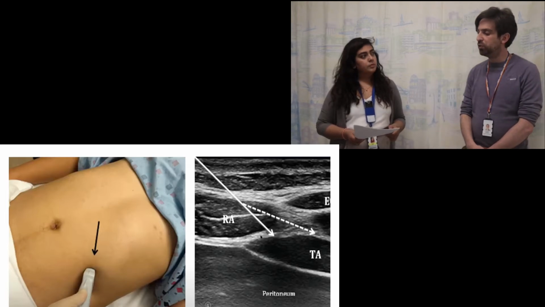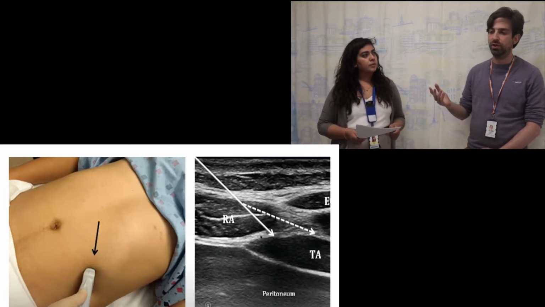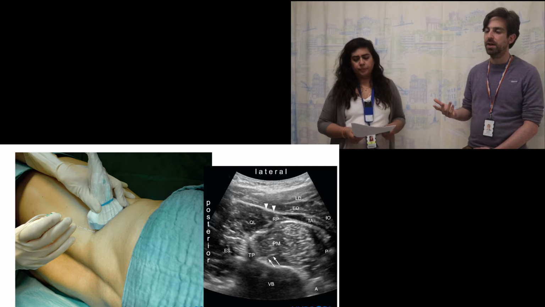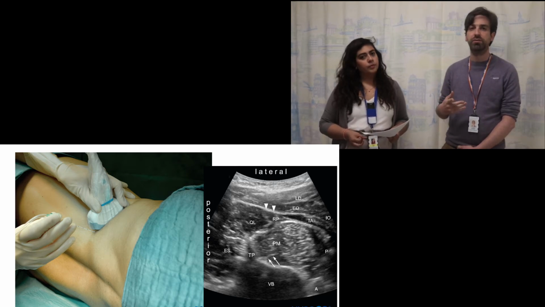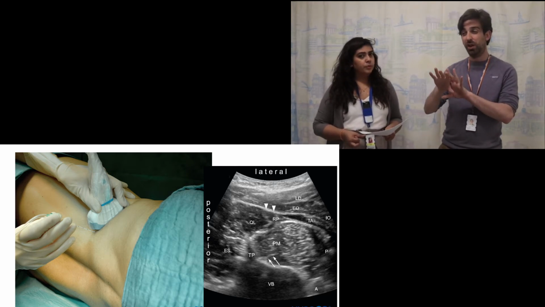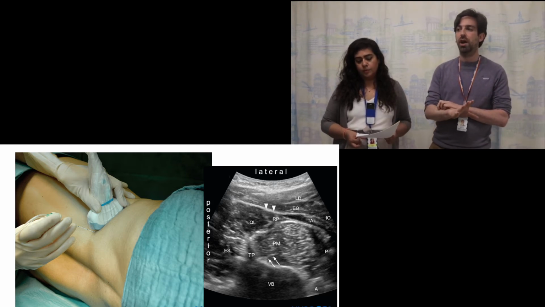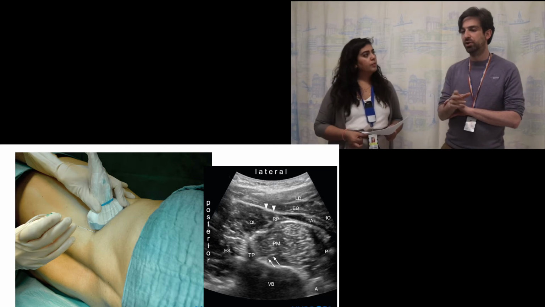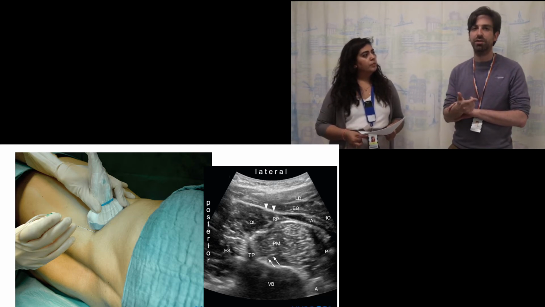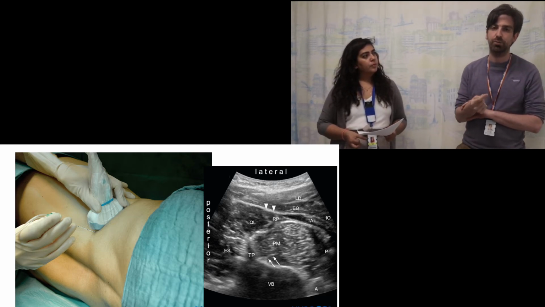And the more posterior TAP blocks, or moving on to QL blocks, etc., they're a variation of the ultrasound-guided TAP block to try and be more like the originally described landmark TAP blocks. So these are more posterior, and the idea is that you're more likely to get the lateral branches.